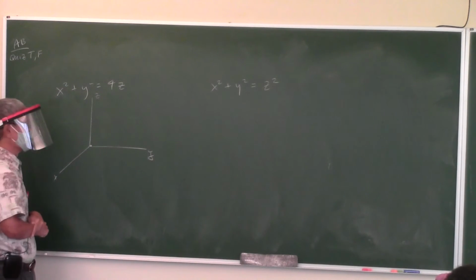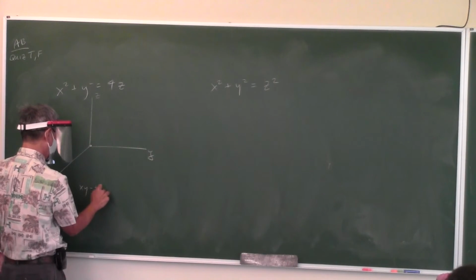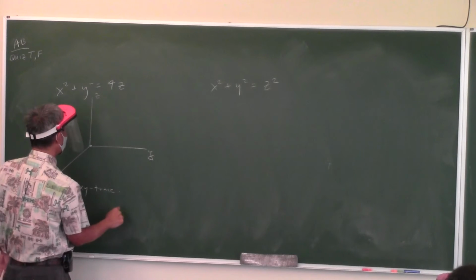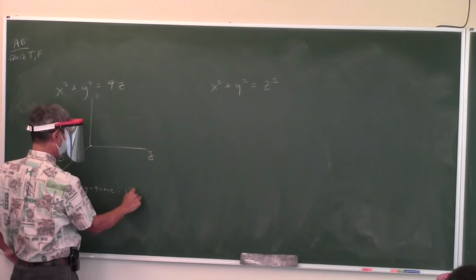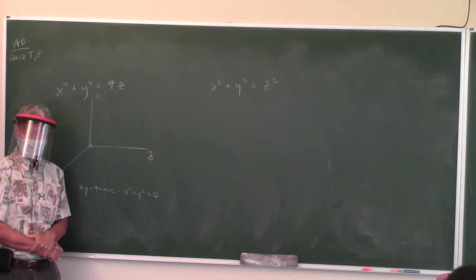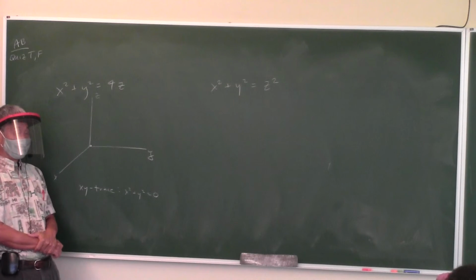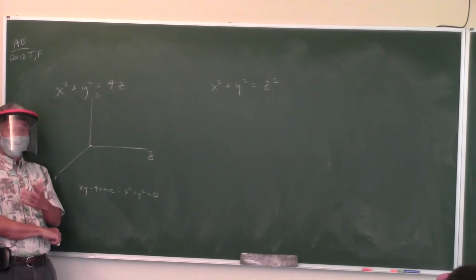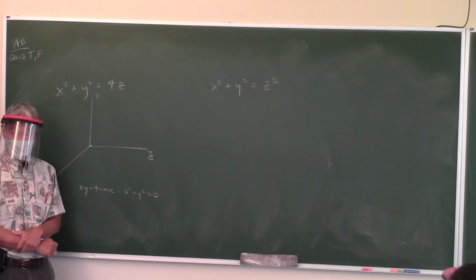What about the traces? What is the XY trace? X squared plus y squared equals 0. And what is the graph of that? Last year they said, oh, it's a circle with radius 0.